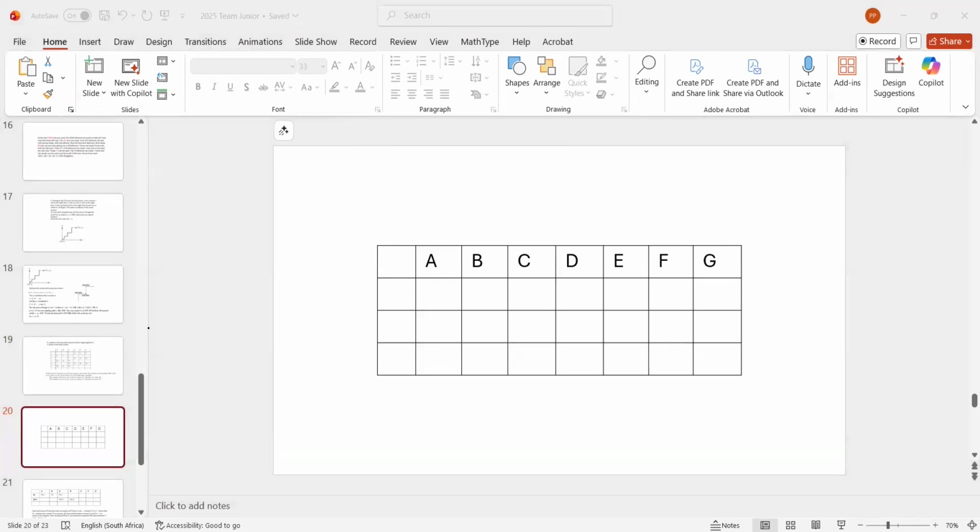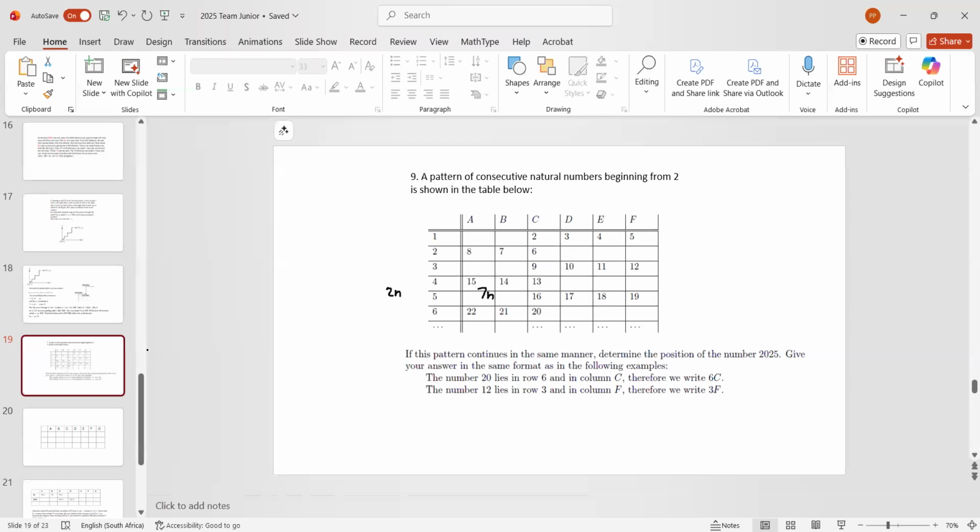In column B, at the row 2n, here I've got 7n. Now I want to see what the other numbers are using this only.